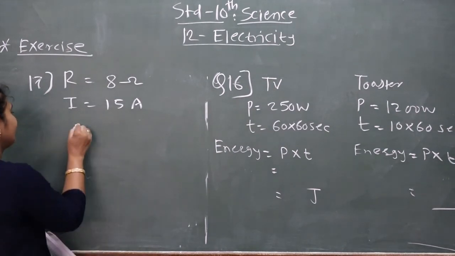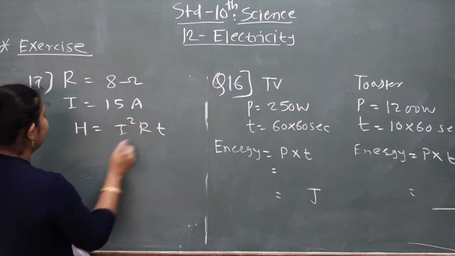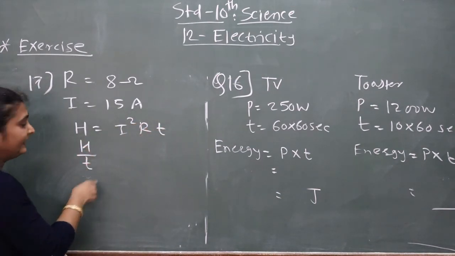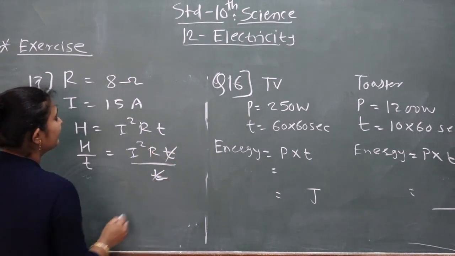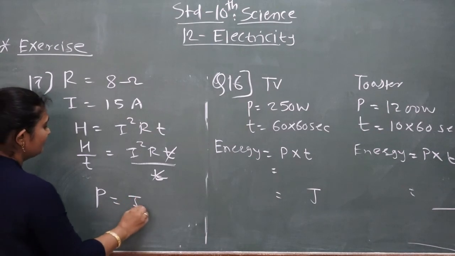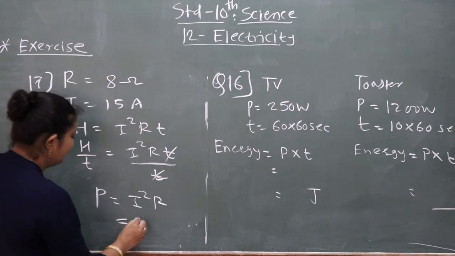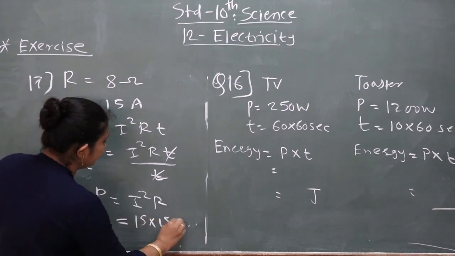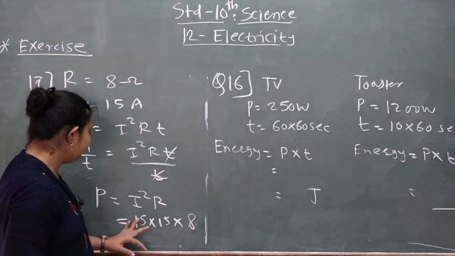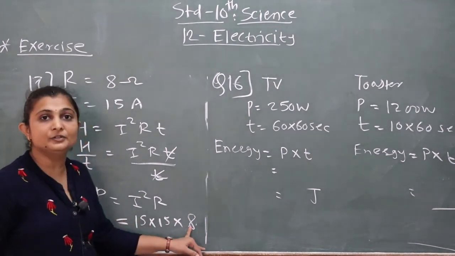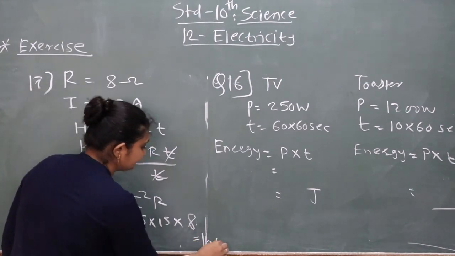Calculate heat. So H is equal to I square RT, rate of means divided by time, I square RT upon T. Here T and T get cancelled, power is equal to I square R. Put the value of I, 15 into 15 into the value of R is 8. Calculate P is equal to 15 into 15 into 8. You will get the answer in watt.